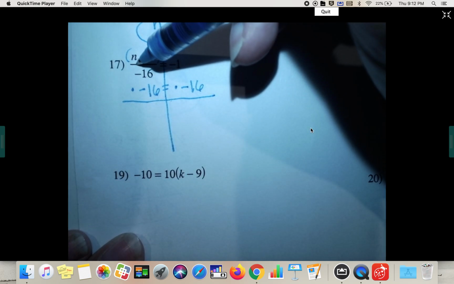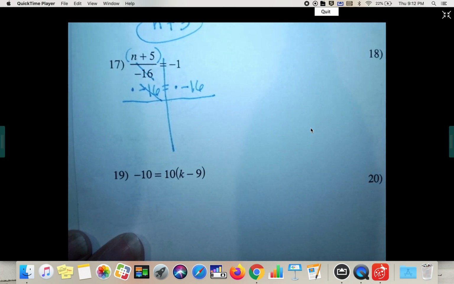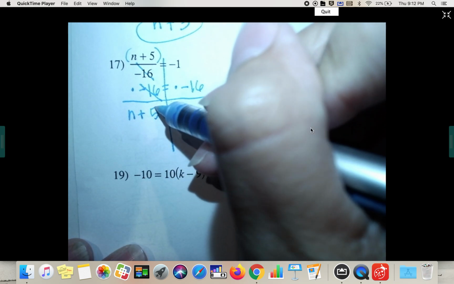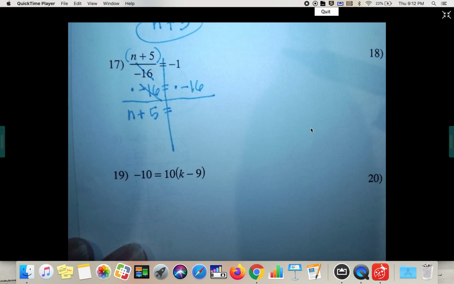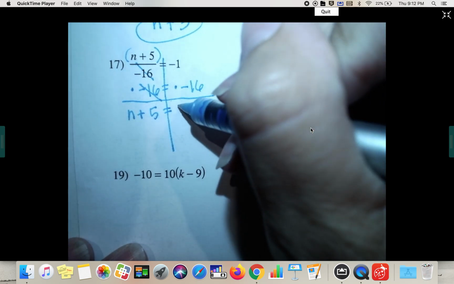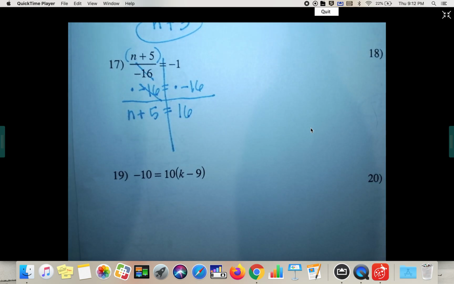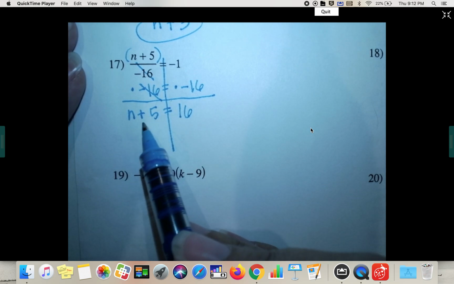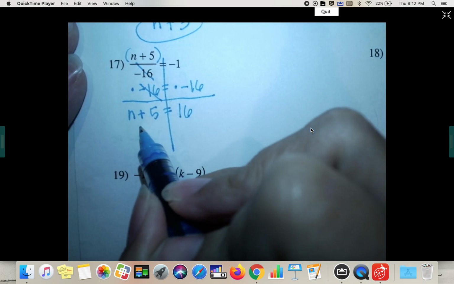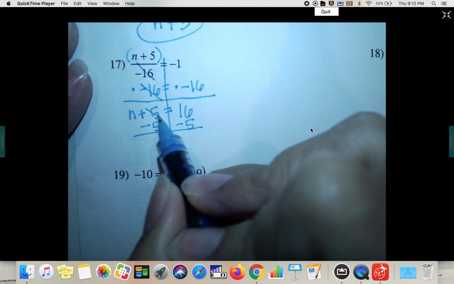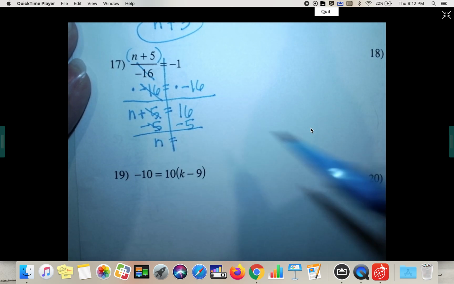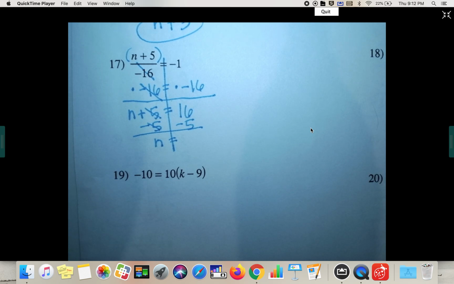On the left, divided by negative 16 times negative 16 will both cancel out, and it leaves your n plus 5. And on the right, negative 1 times negative 16 is positive 16. Last step, n is being added to 5, so we are going to subtract 5. 16 minus 5 is 11.